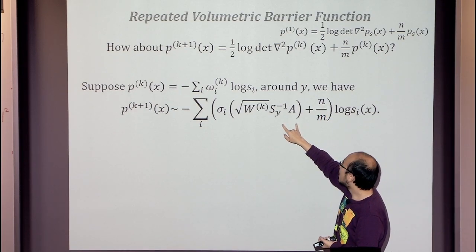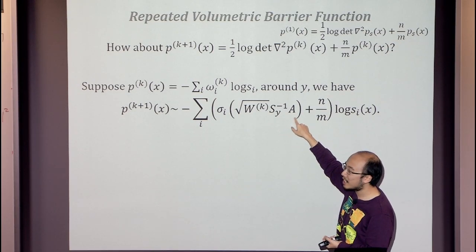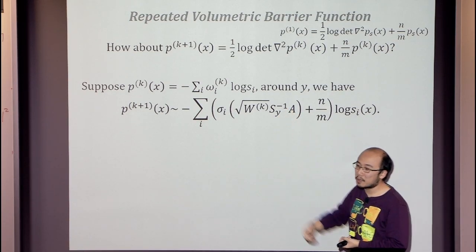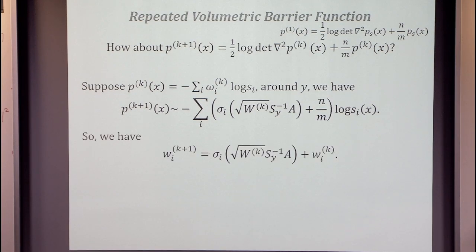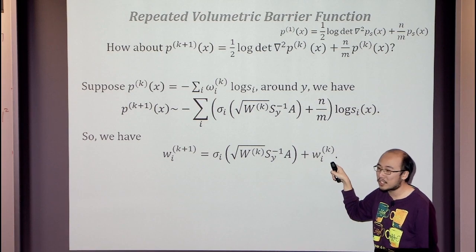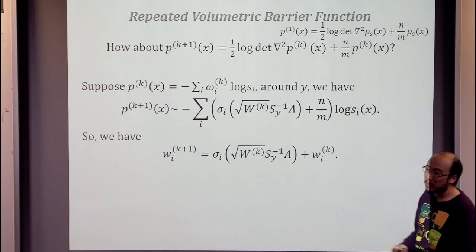Notice the constraint matrix is not S inverse A, it is square root W S inverse A. That's why it depends on the previous barrier function. And then, what is the limiting object? You can think each step we update the weight by this equation, and we want to understand what the limit of this barrier function is.